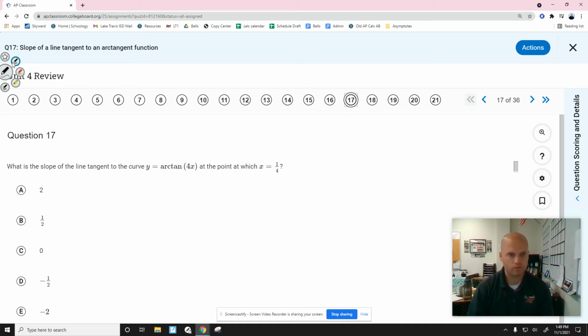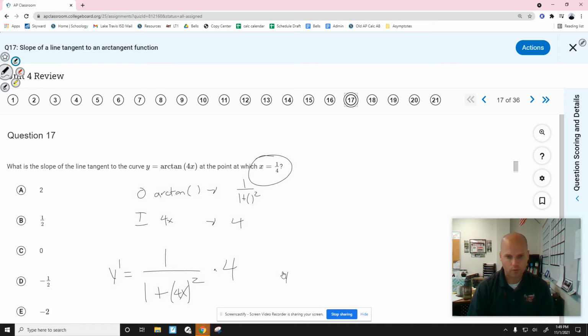Arctangent's derivative. Well, this is known. I think he had the exact same question on the homework. Maybe there's a reason for it. Who knows? Arctangent's derivative is 1 over 1 plus x squared. Arctangent of parentheses, derivative is 1 over 1 plus parentheses squared. Derivative for 4x, y prime, 1 over 1 plus (4x) squared times 4.